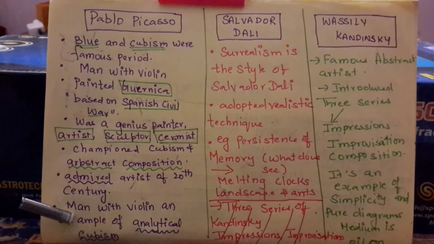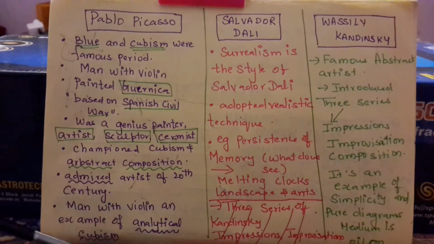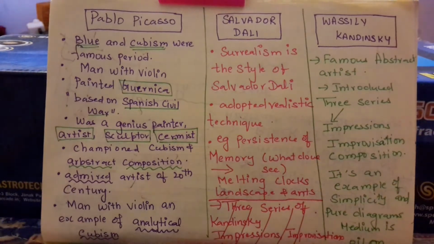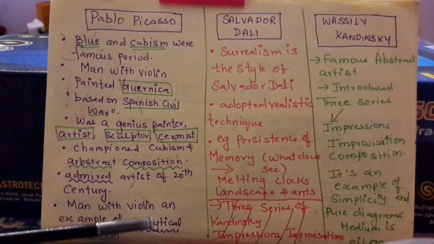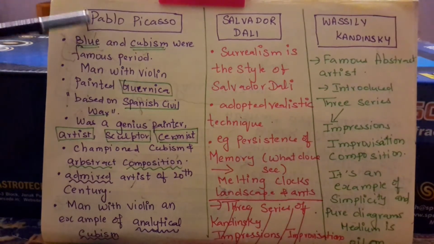Moving to the last point, Man with Violin was an excellent example of analytical Cubism. So there is yet another key term, analytical Cubism, to be followed for Pablo Picasso.